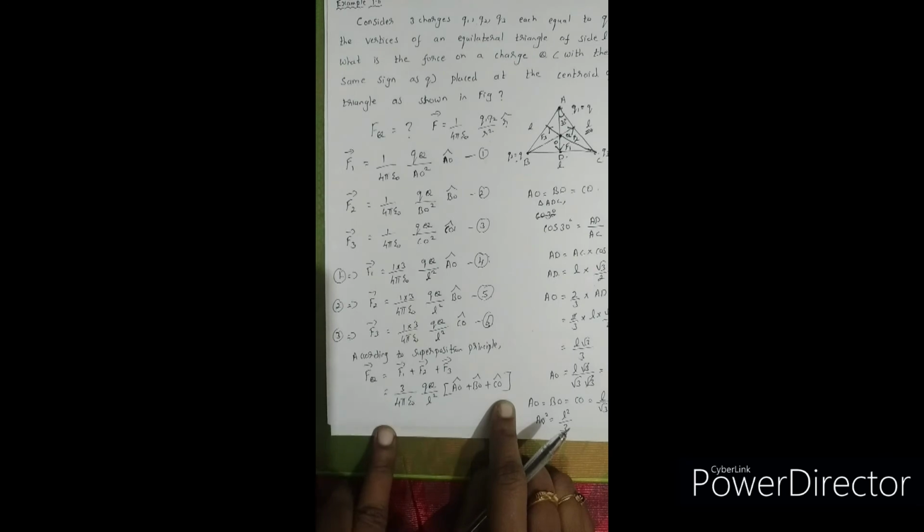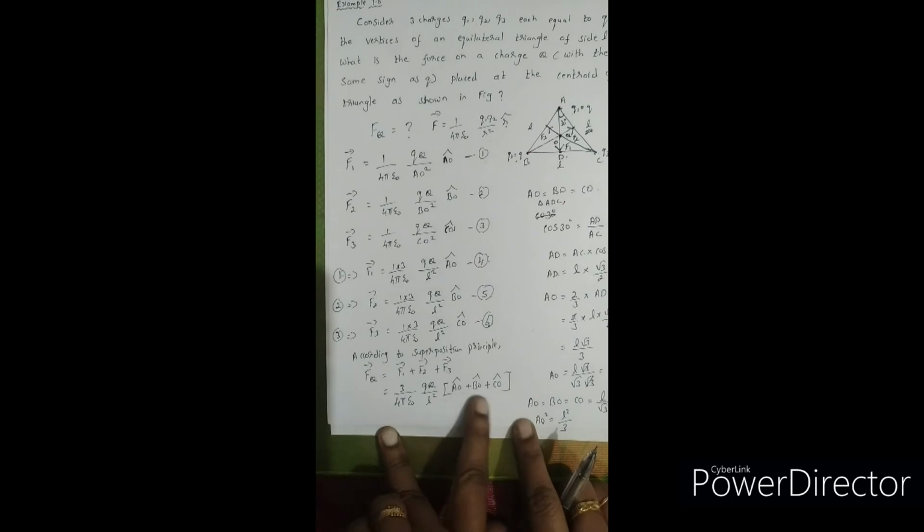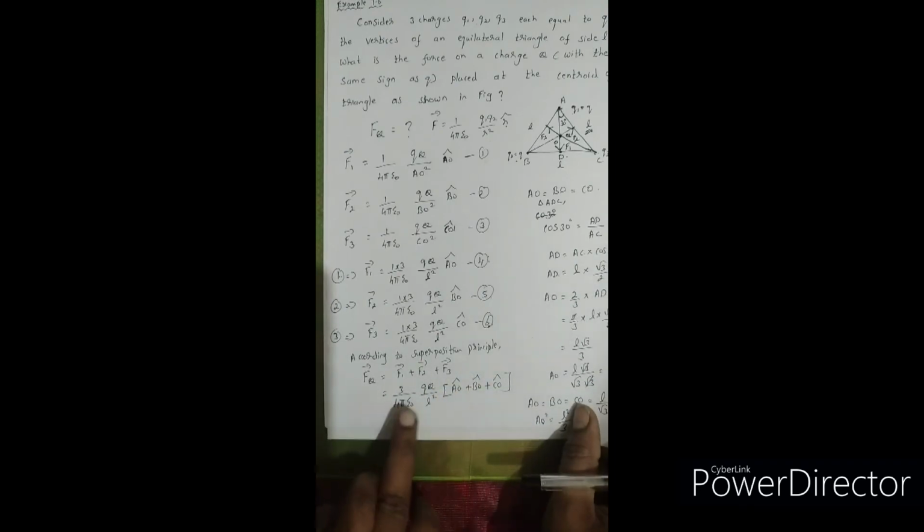Okay, right? So see these three vectors, that is your AO vector plus BO vector plus CO vector. All these three vectors can be made to form a triangle. Okay, right? So let me draw it in the next page. So remember this equation. I will write it in the next page again. So I will write the expression for FQ first of all.